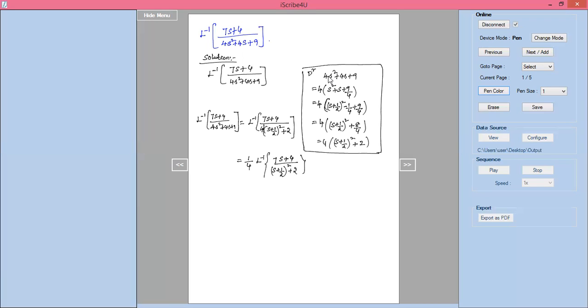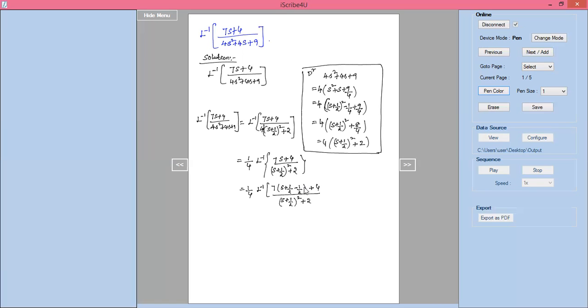Now here, s plus 1 by 2 is there. So 1 by 4 into L inverse of, here 7 is there, I am adding s plus 1 by 2 and subtracting 1 by 2, plus 4. I think you understood. 7 is common for both terms: s plus 1 by 2 minus 1 by 2 is s only, divided by s plus 1 by 2 whole square plus 2.